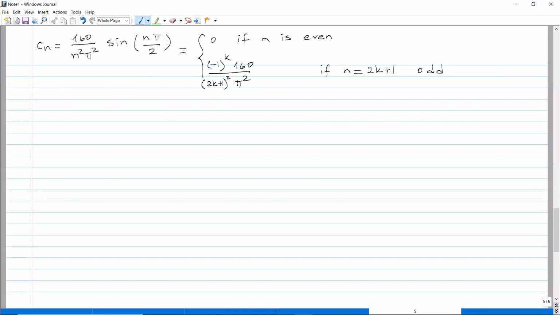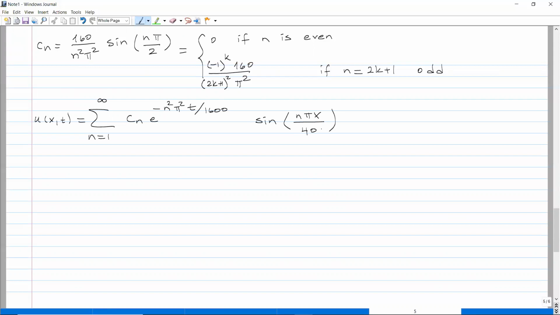All right, so in the sum, our function u(x, t), remember, is the sum n from 1 to infinity, c_n e to the minus n squared pi squared t over 1600 times sine n pi x over 40.